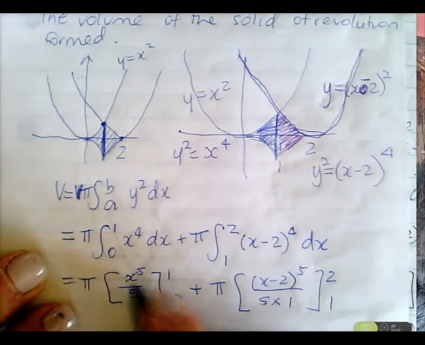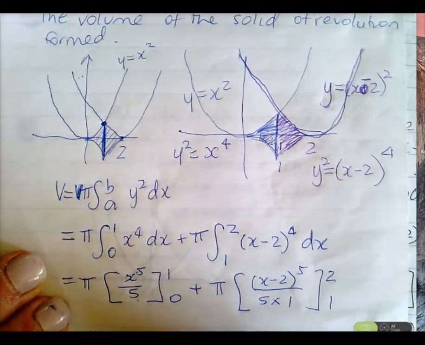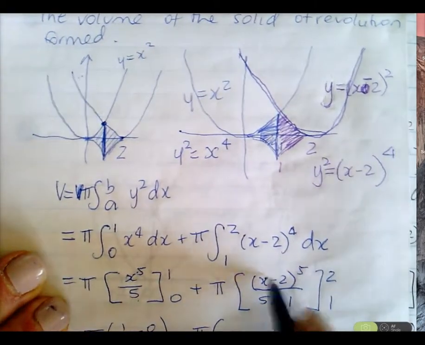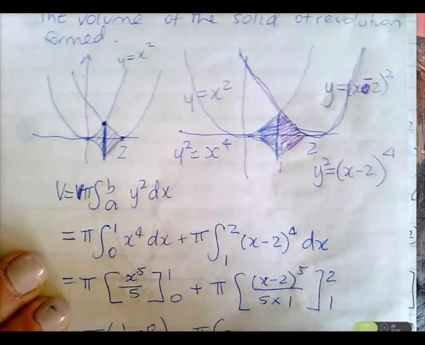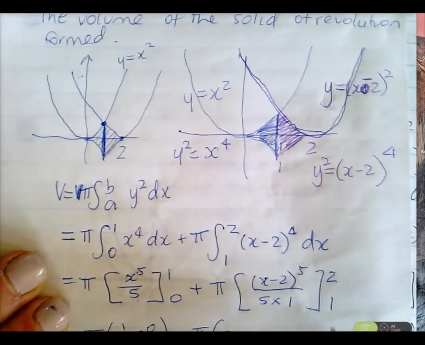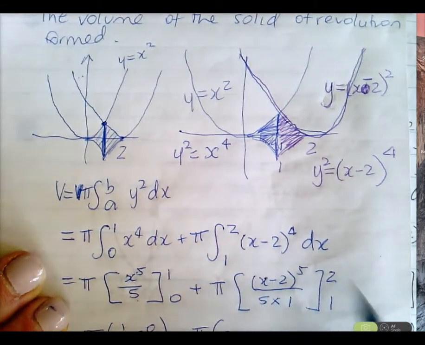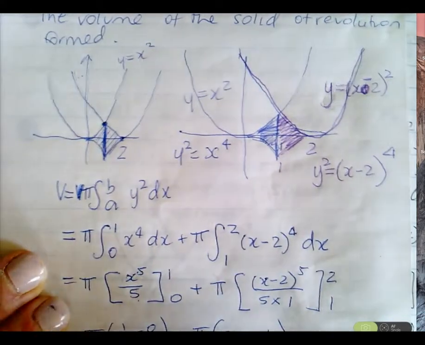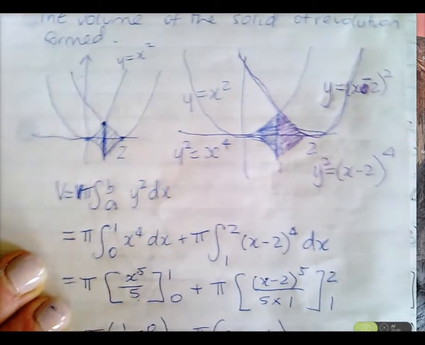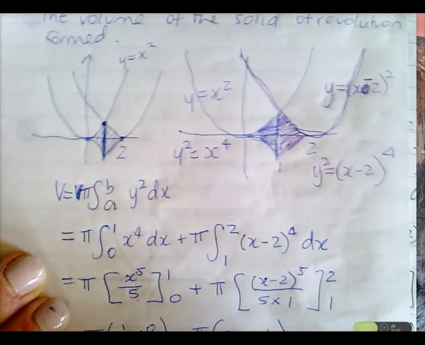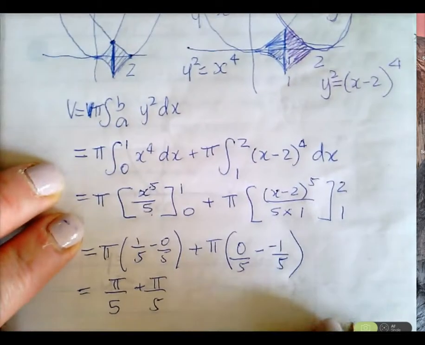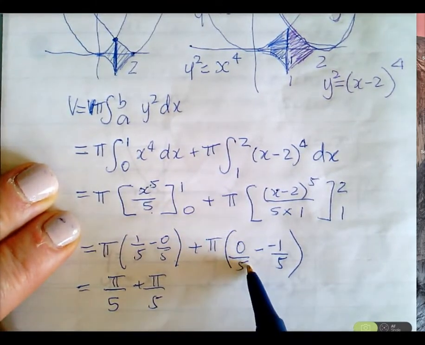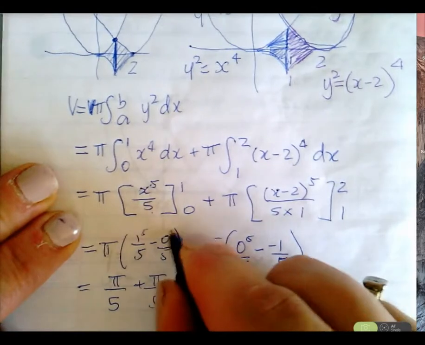So substituting in 1, you get 1 over 5 minus 0 over 5, which is 1 over 5, plus pi. 2 minus 2, you're lucky, is 0, minus, be careful, 1 minus 2 is negative 1 to the power of 5 is negative 1 on 5, which is plus pi on 5.